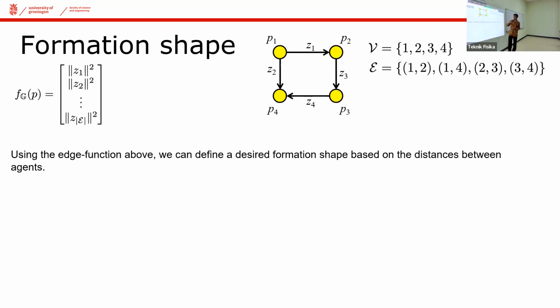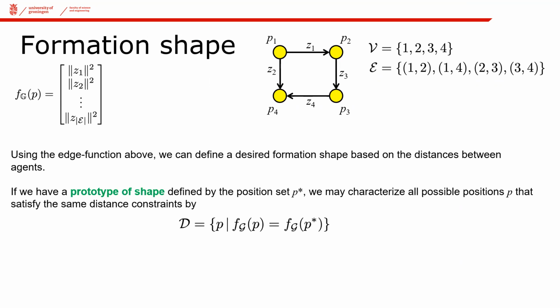And based on the edge functions, then we can define the desired shape. This desired shape is basically a particular prototype of the desired formation that you would like to have. In particular, if you would like to have a formation of a square with a relative distance of 1, then you can set, okay, this is my prototype of the shape that we would like to realize.